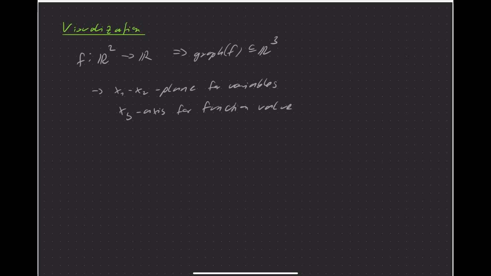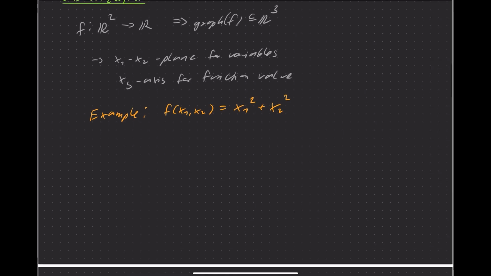And to give you an example of how that might look, let's have a look at a possible graph. We'll use the function f of x1, x2 defined as x1 squared plus x2 squared as an example. So that's kind of the three-dimensional version of the classical parabola. How does that look if you visualize that graph?